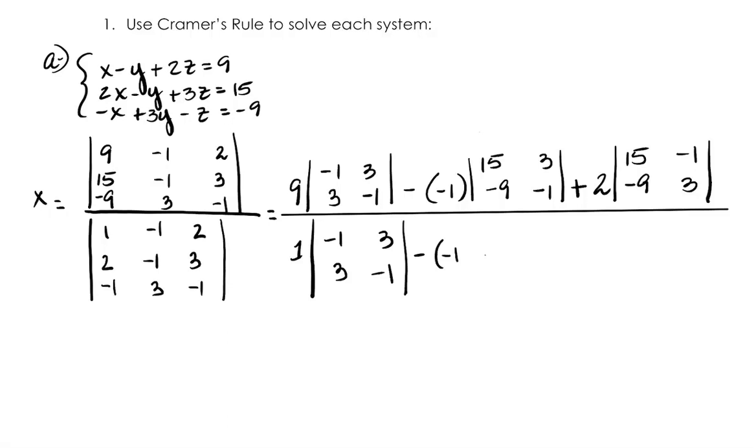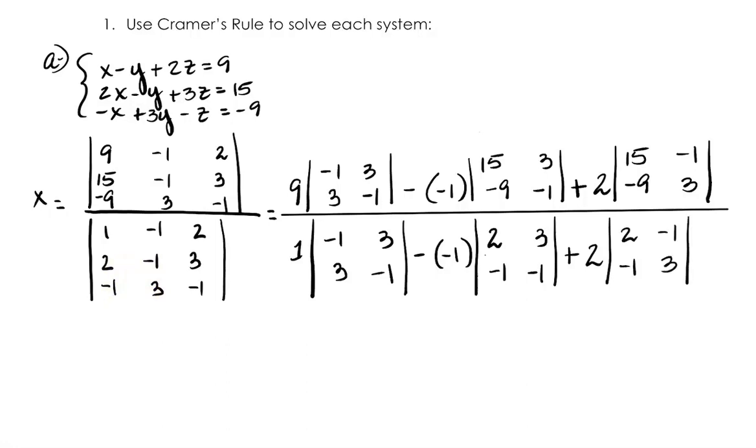So we have -1 times the determinant of these two values, 2, -1, 3, and -1, plus our third value, which is 2, times the determinant of these four values, 2, -1, -1, and 3. Now we'll start solving for x.